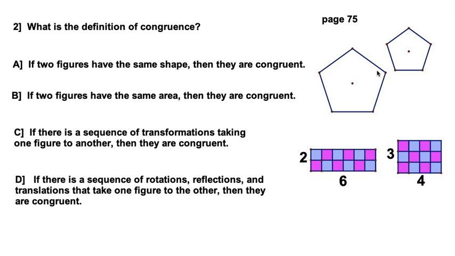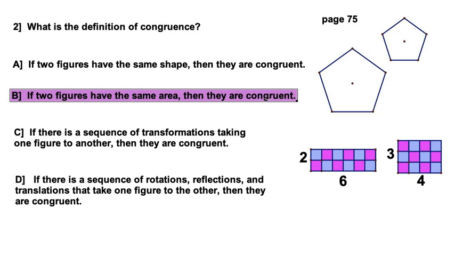So the word we're going to use for this is similar. These are similar polygons. They're both equilateral, and each pair has congruent angles to each other. Their corresponding angles are congruent. They are similar. We'll have a whole chapter on that.